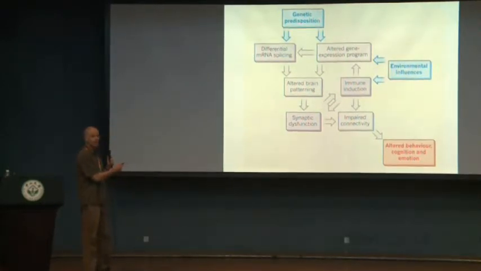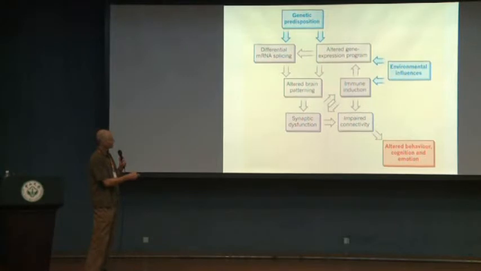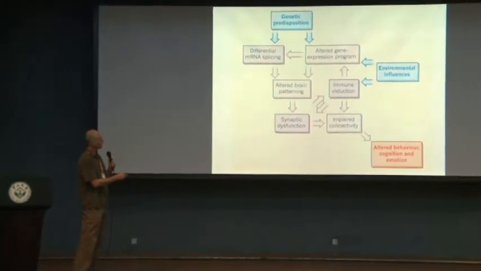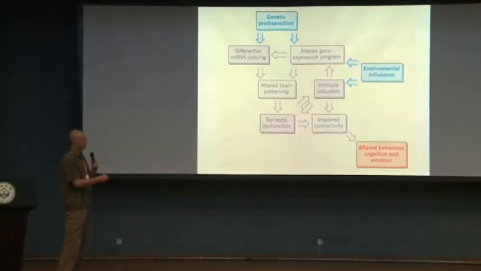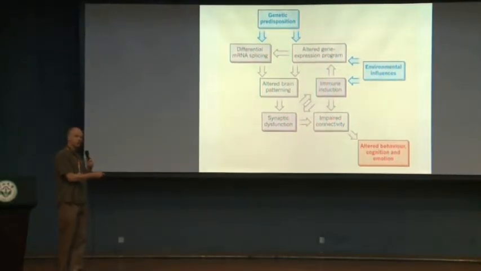As I mentioned, there's a big influence of genes, many of them, hundreds, that interact, and their protein products influence lots of different things in the brain that interact with environmental influences and eventually give rise to problems in the synapses and the way in which brain regions can communicate.